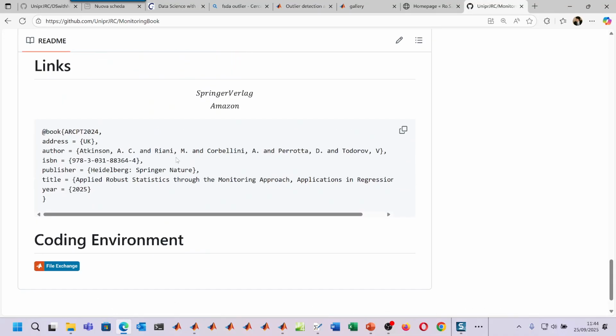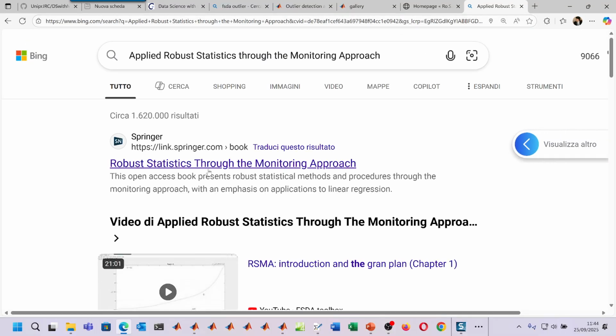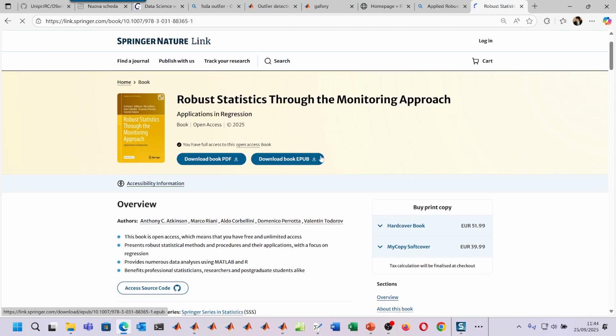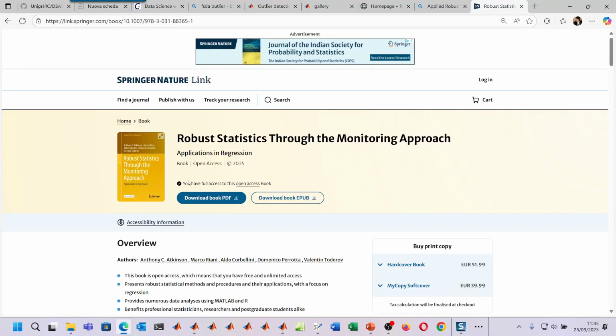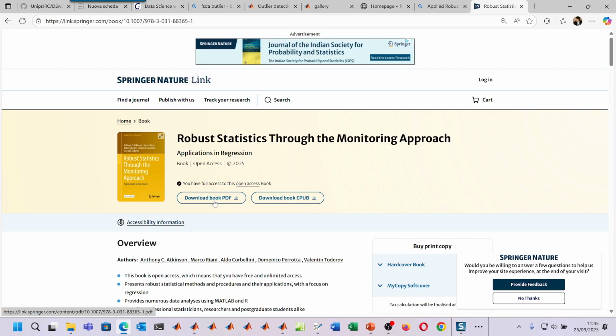This is the book, Applied Robust Statistics through the Monitoring Approach. This is the Springer-Verlag book all over the world that deals with these things. And then here is the source code on GitHub. And this is free. You see, download. This is absolutely free, after working 3 years. In this case, we wanted it to have the largest possible diffusion.